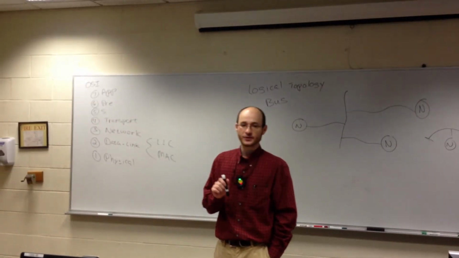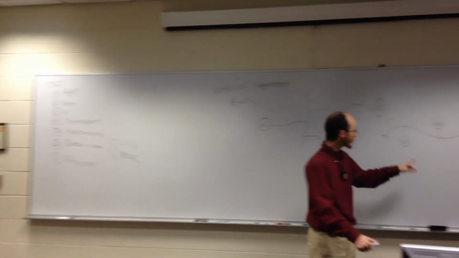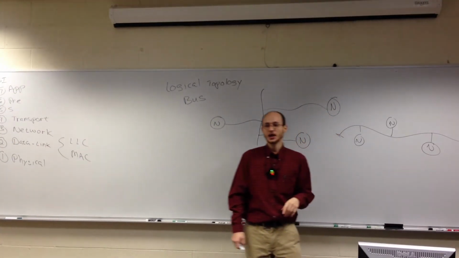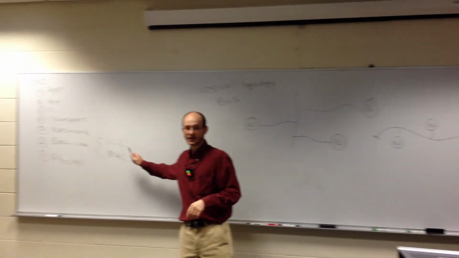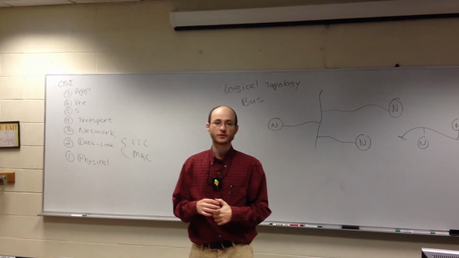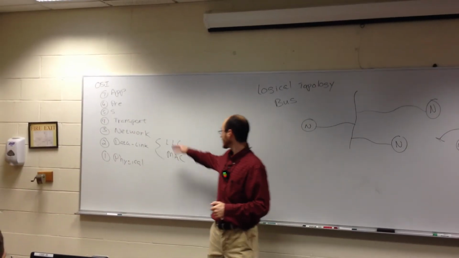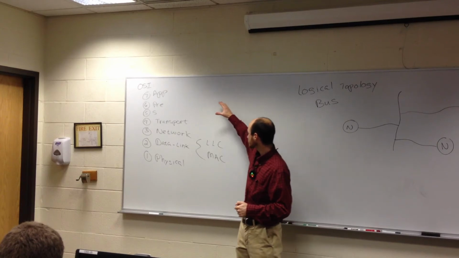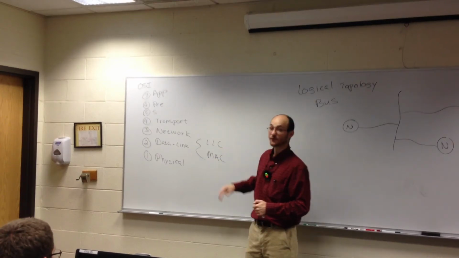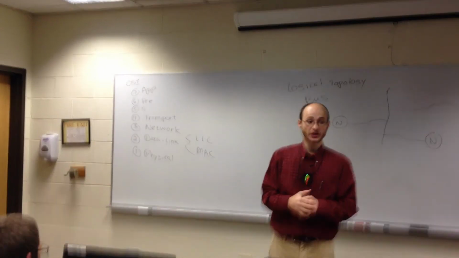If we decide to use the Ethernet standard for this network, Ethernet uses something called a MAC address. It's 48 bits. It's typically written in hexadecimal format. When the data link layer gets the data, the logical stuff, mapped out and gets ready to frame it, that's the PDU for the data link layer.